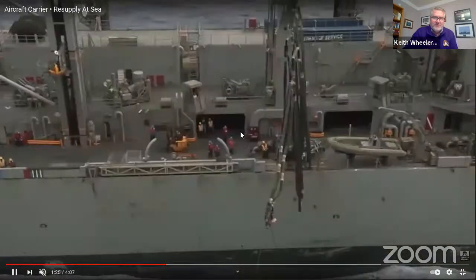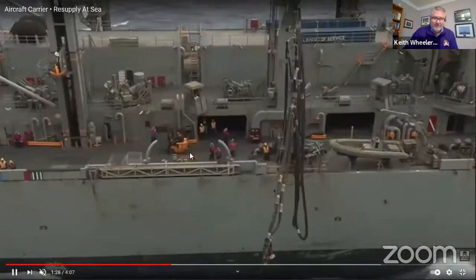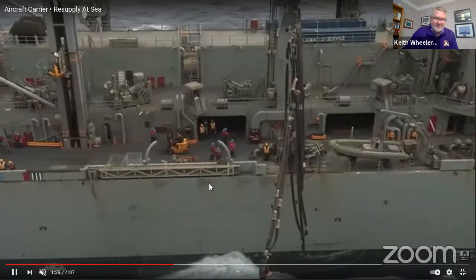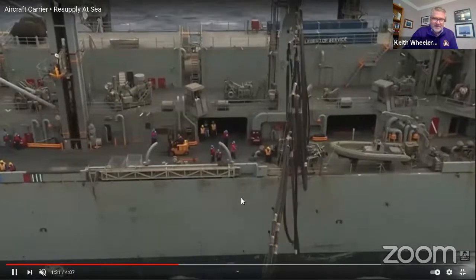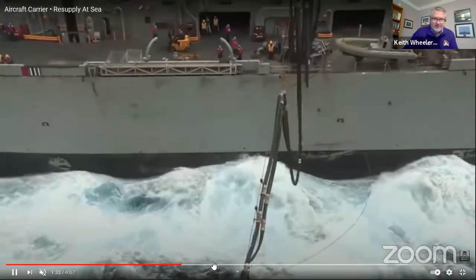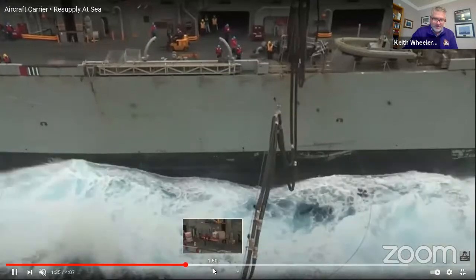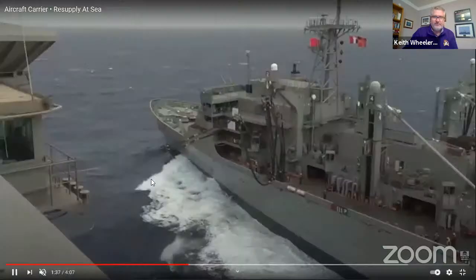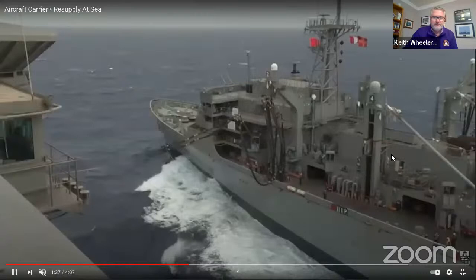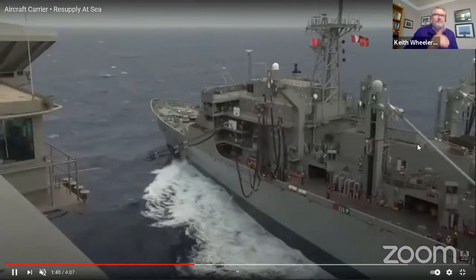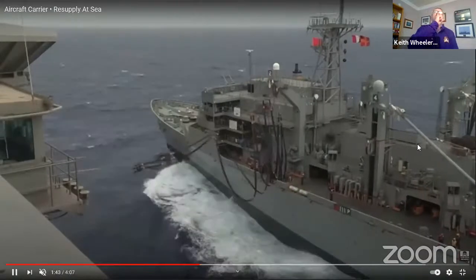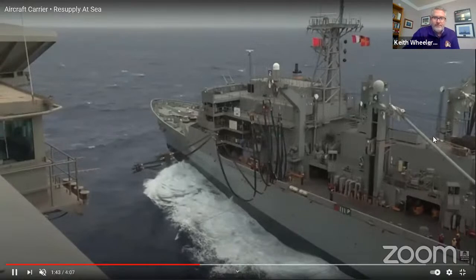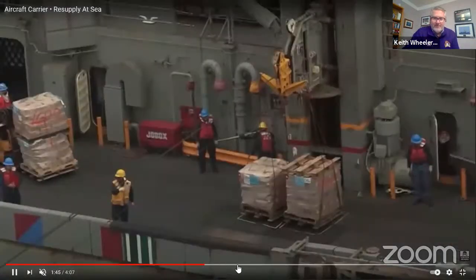Lots of safety folks, you'll see them in different white hats, trying to keep folks from getting dragged over the side. See the fuel lines going over. There's a double pallet lift.